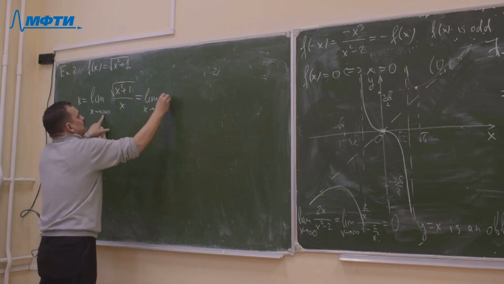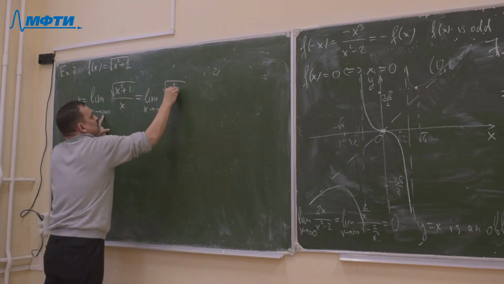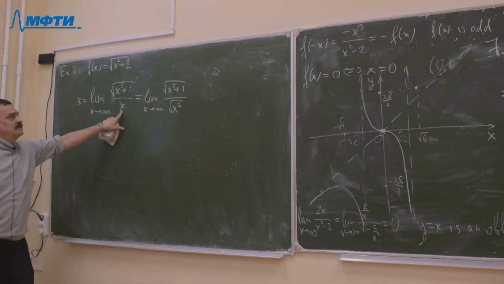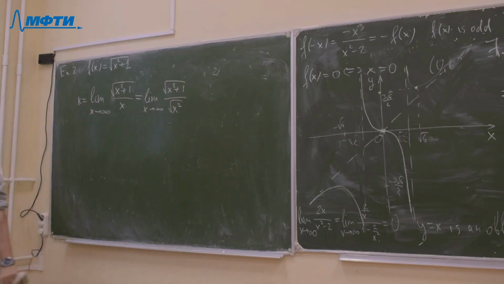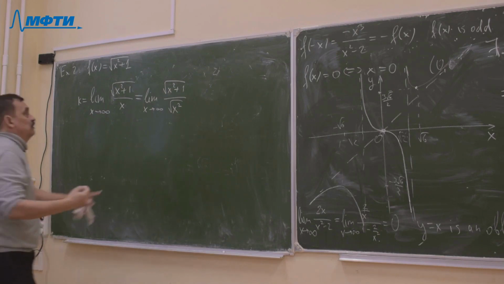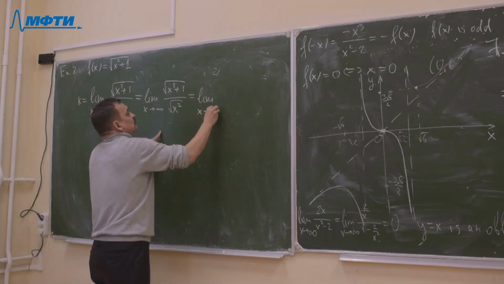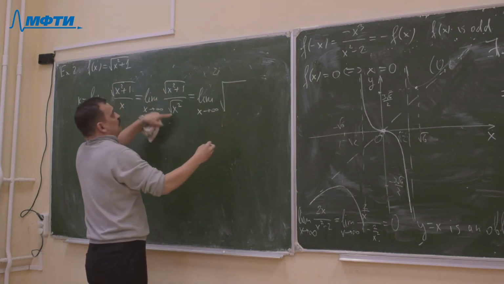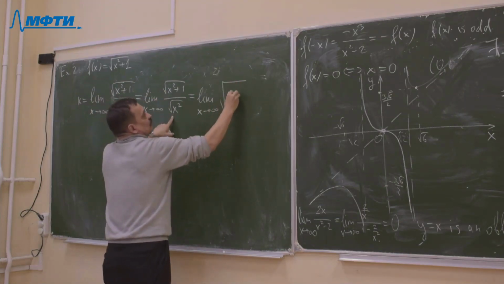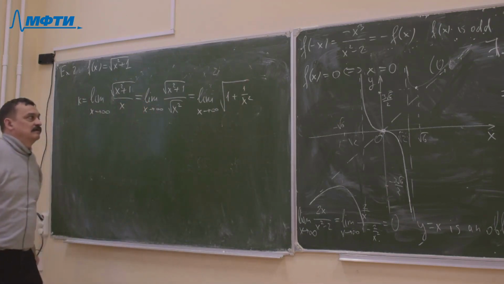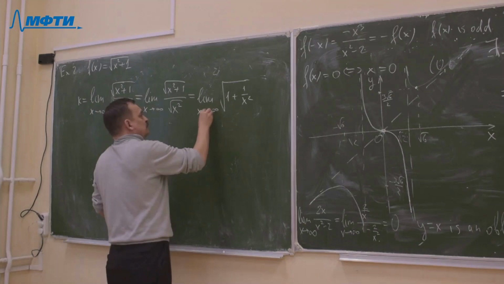It means that I can use the equality x equals square root of x squared, because x tends to plus infinity, it means x is positive, right? So then we obtain square root of, and divide by the largest degree, and it gives 1, right?